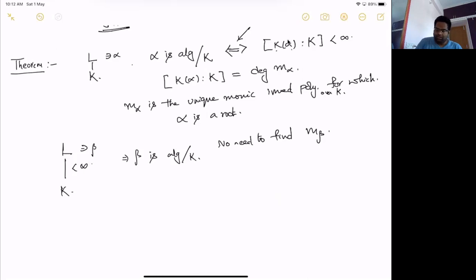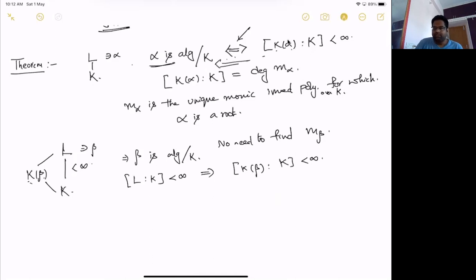Why? Because by the Tower law, you can talk about a field K of beta, which is contained in L. Since L over K is finite, by the Tower law, it follows that K of beta over K is also finite. By this theorem, it follows that beta is algebraic over K.